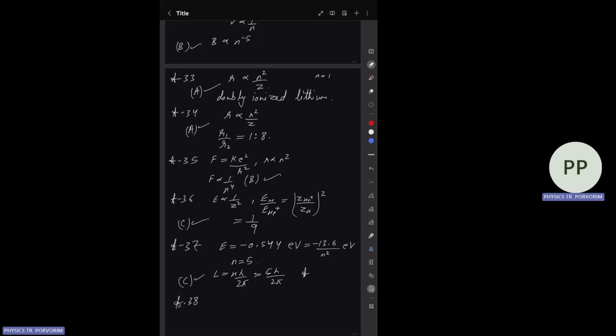Acceleration is proportional to V square by R. V is proportional to Z by n, and R is proportional to n square by Z. Because both are in the ground state, put n equal to 1, and we get acceleration proportional to Z to the power 3. So the ratio of acceleration of helium plus divided by hydrogen is equal to 8. The correct option is B.